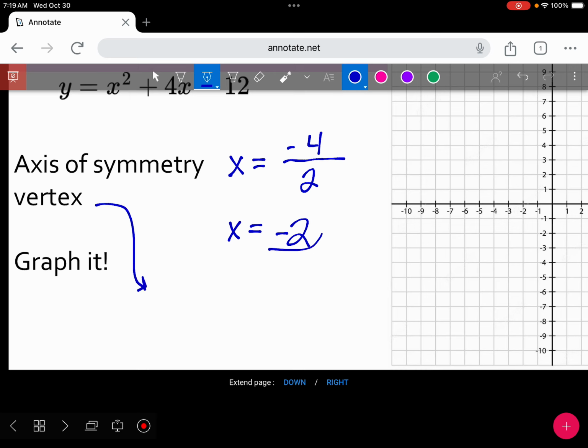We're going to do that by substituting this piece in. So we're going to have our negative 2 squared plus 4 times negative 2 minus 12. So what do we get as the y value for our vertex?